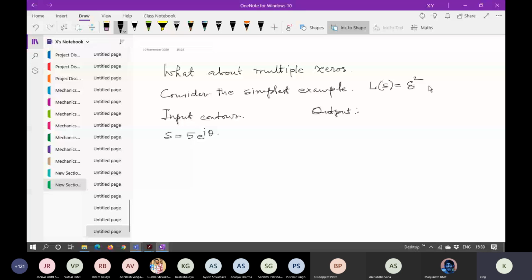So what is Ls? So what will be the change in behavior in this case?